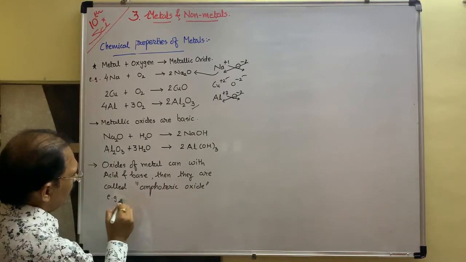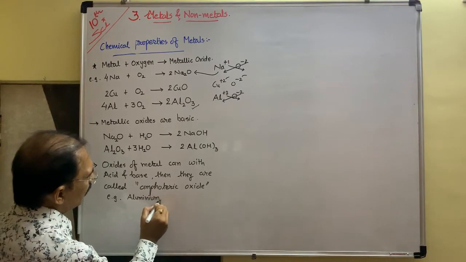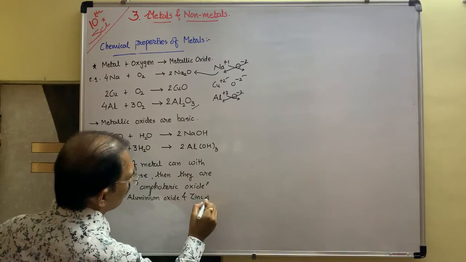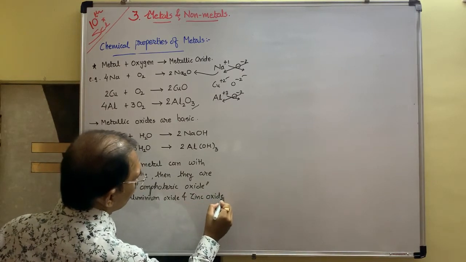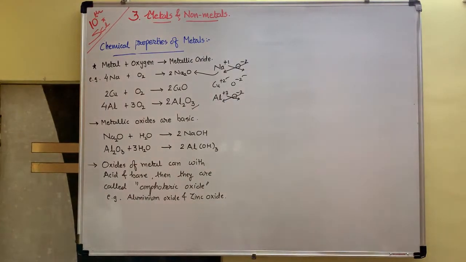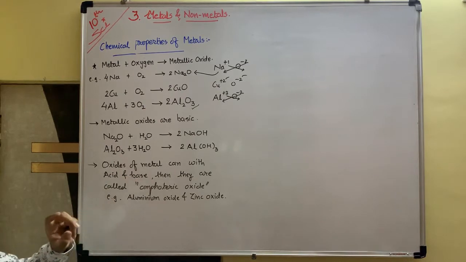As for example, aluminium oxide and zinc oxide. Aluminium oxide can react with acid as well as base. Means they react with both, so they are known as amphoteric oxide.